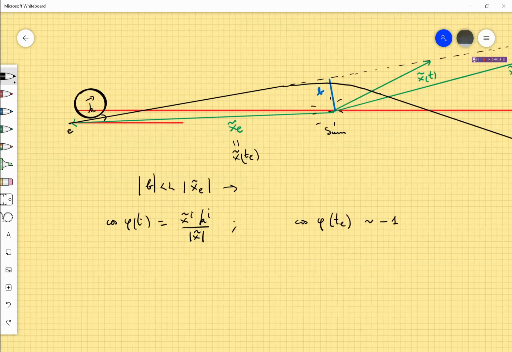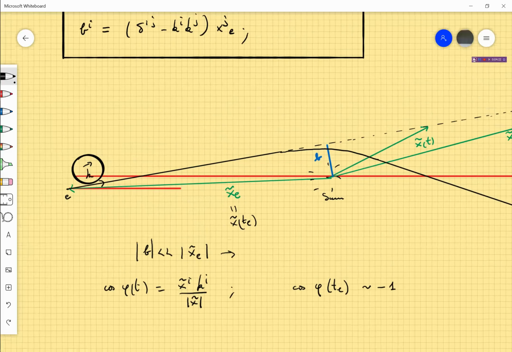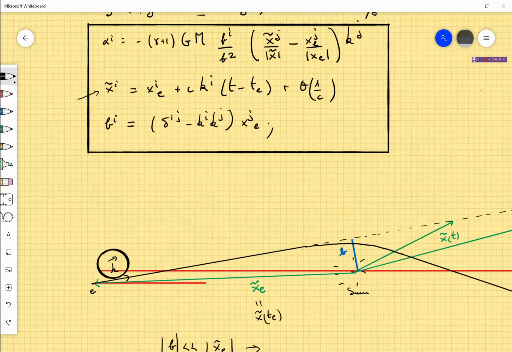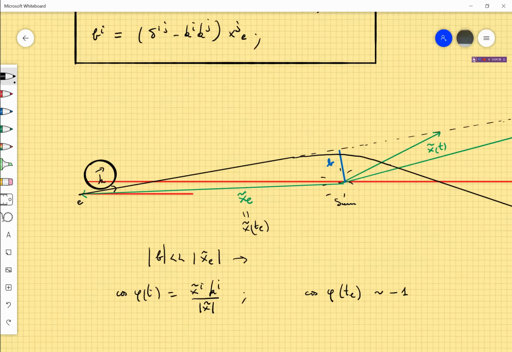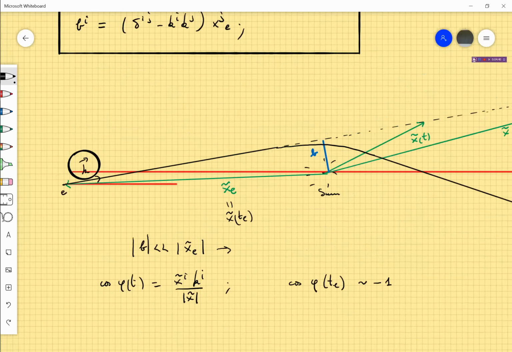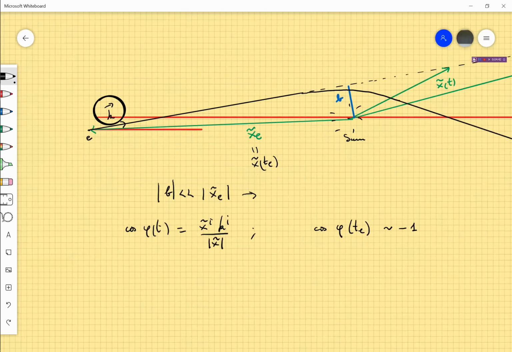So this is one approximation that we are going to take, and the other thing is if we come here, we can rewrite the expression for alpha i in terms of the cosine of phi of t, and the cosine of phi at the emission time, which we said is minus 1. Let me copy this expression.